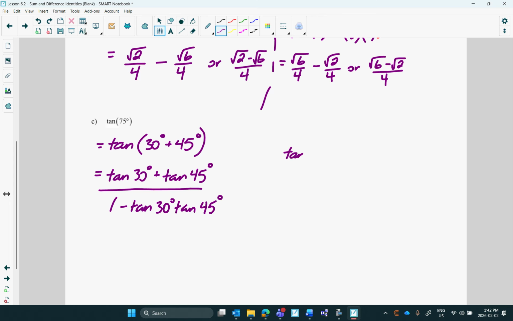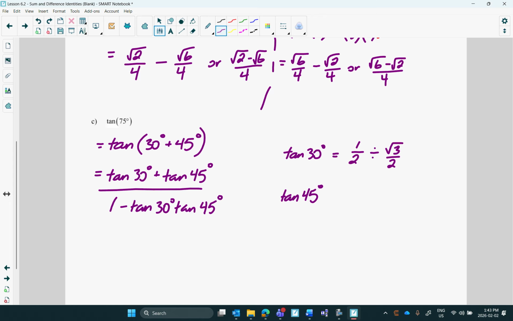Maybe off to the side here. Let's do these two first. Tan 30. So that's the y coordinate at 30, divided by the x coordinate at 30. 1 over 2 over, should be 1/2, or just divide root 3 over 2.